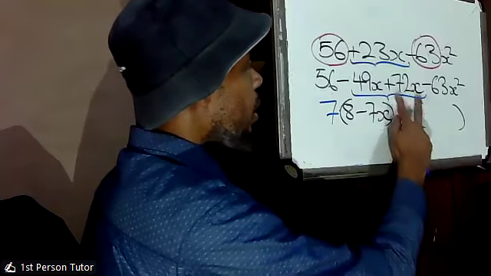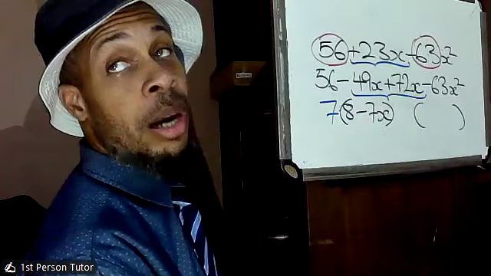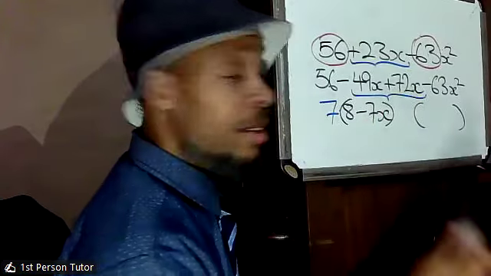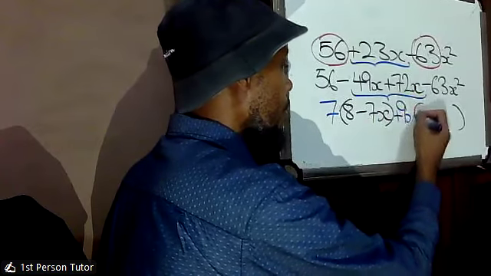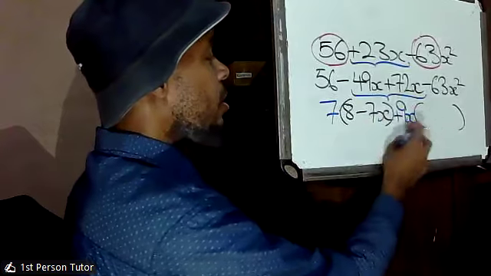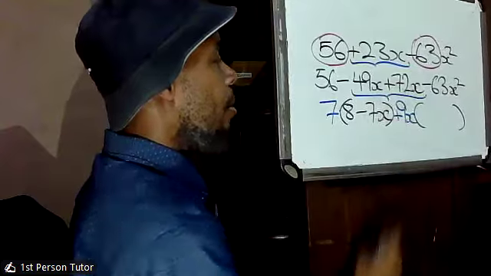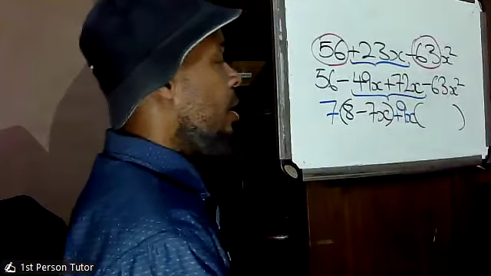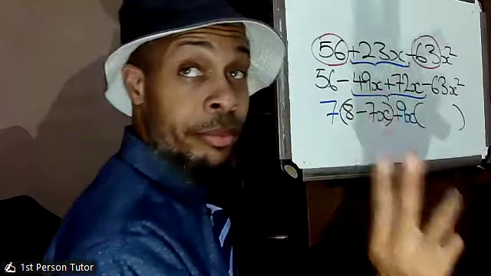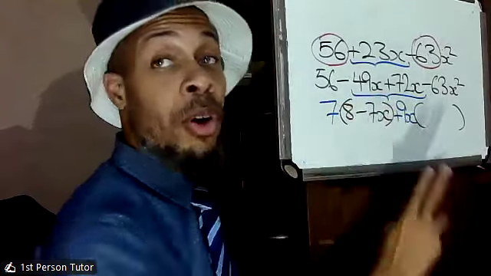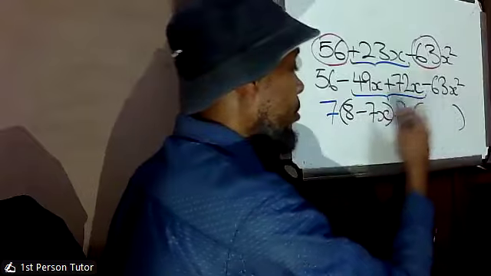Now, if we divide plus 72x by 8, we'll get a plus 9x. Let's put the plus 9x here. Now we'll take this, multiply by 8, gives you that. Take this, multiply by minus 7x, gives you that. Therefore, it's safe for us to copy and paste over here.